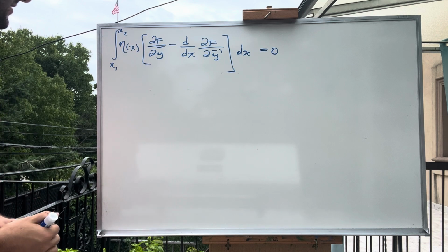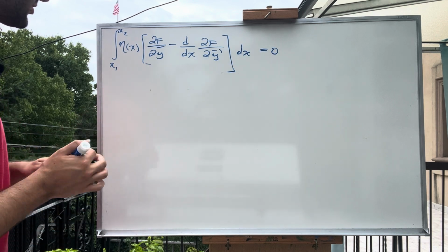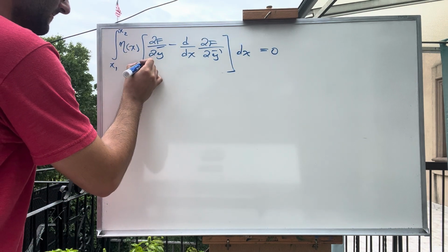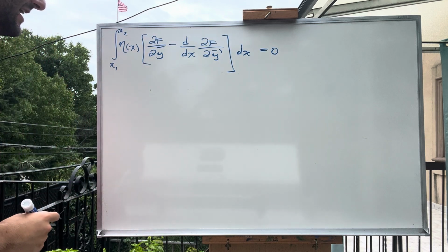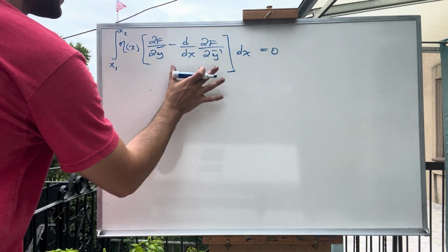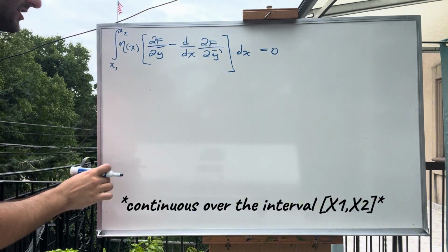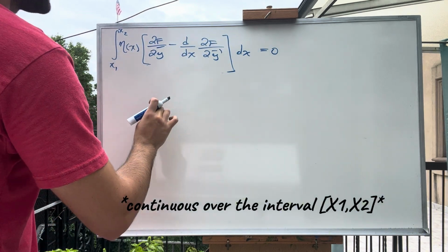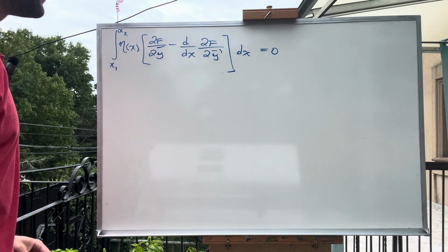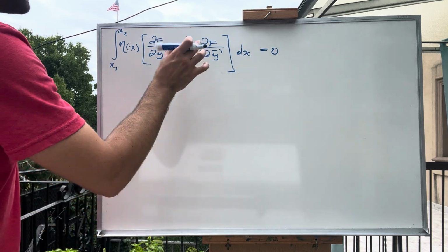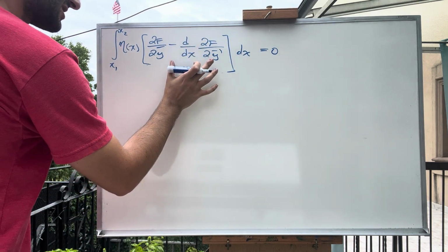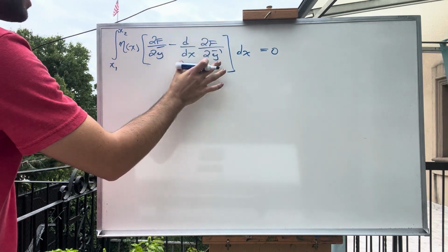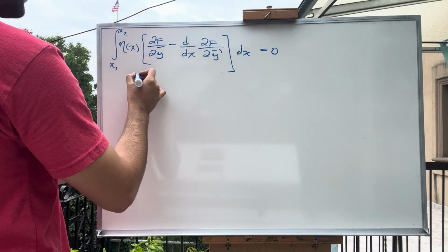This condition holds for any arbitrary eta of x we choose, and assuming that this function and this function are continuous, then this expression here must be equal to 0.